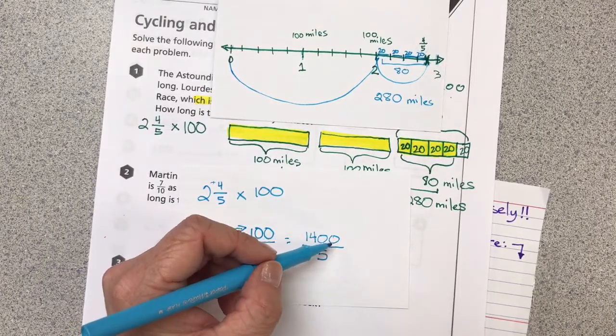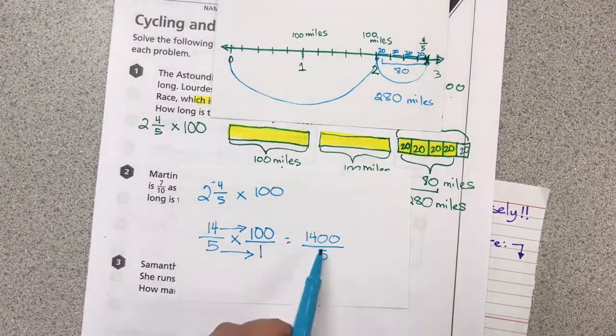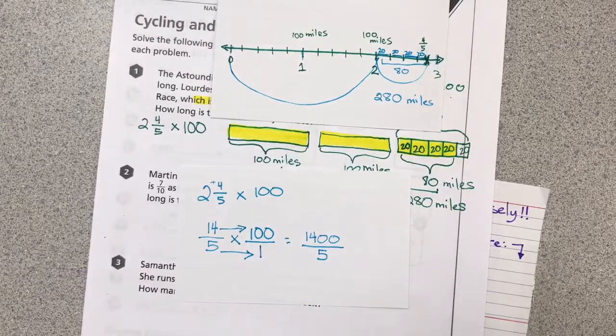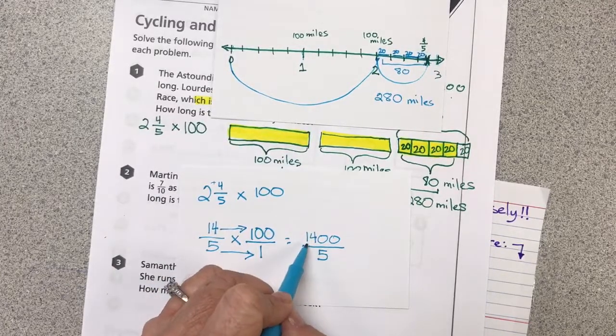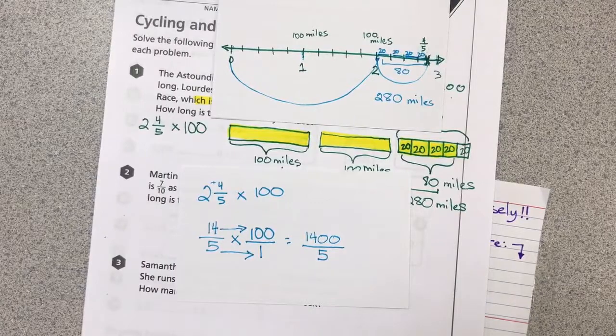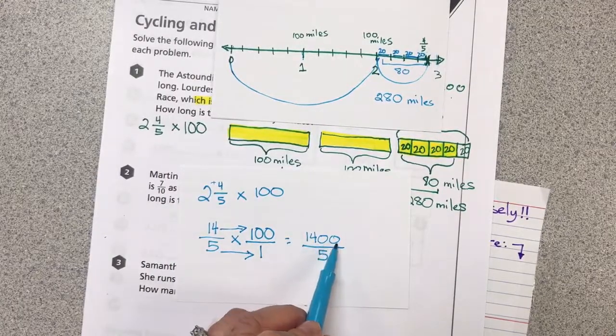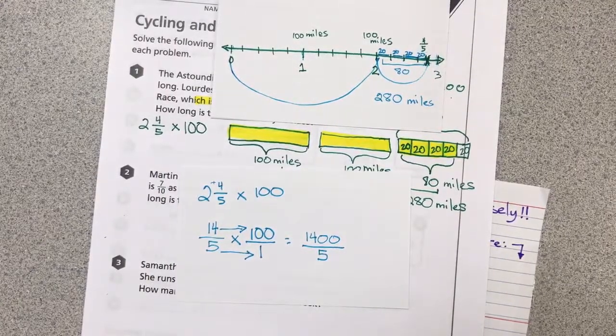And then notice that there are a couple of extra place values here. So if I was thinking, 5 goes into 14, 5 times 3 is 15, so that doesn't work. 5 times 2 is 10. And then you're going to have a remainder. So you have 4 left over, and then a 0 and a 0. So can 5 go into 40? Yes, it can.